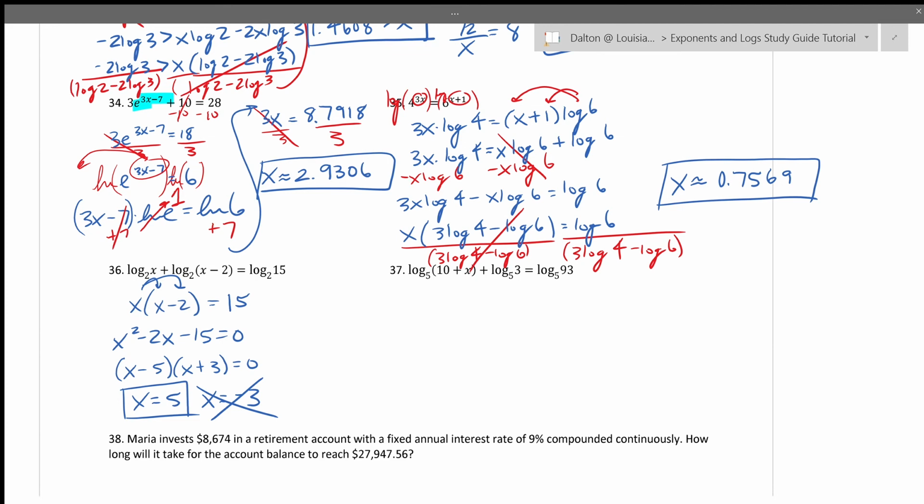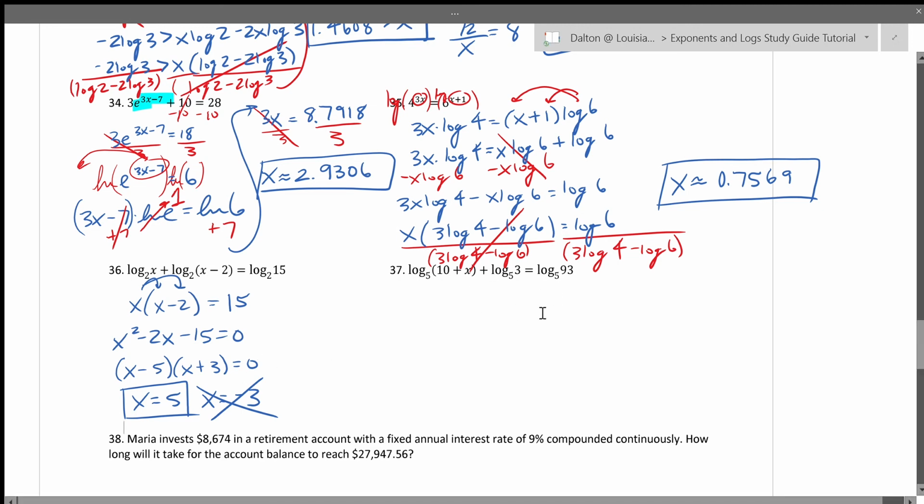Similar scenario with number 37. All of my logs have the same base of 5, and I've got the log of a number plus the log of another number. When I add them, that means I am multiplying the components. So 10 plus x times 3 is equal to 93.